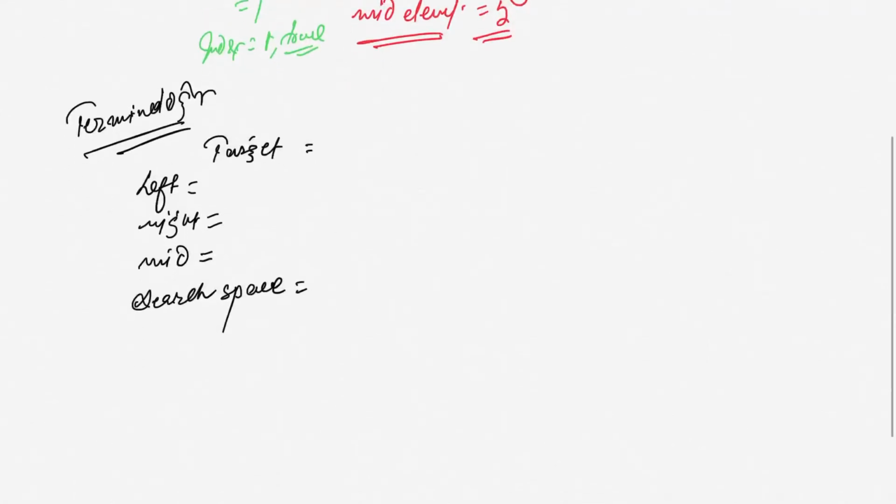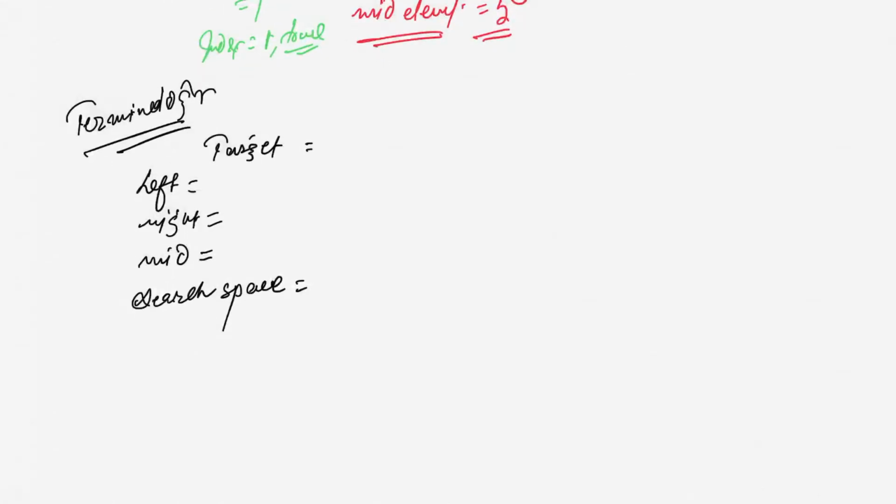Whenever you try to define binary search, what information do you need? Suppose, how is the function going to look? Like public integer binarySearch.